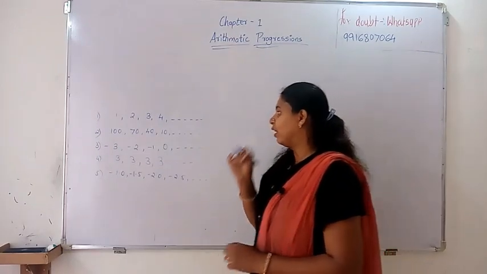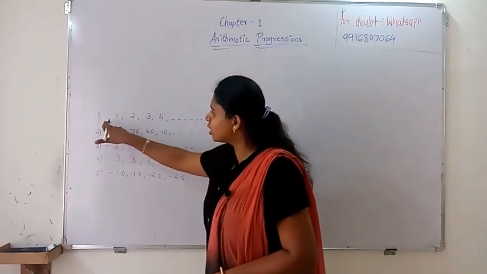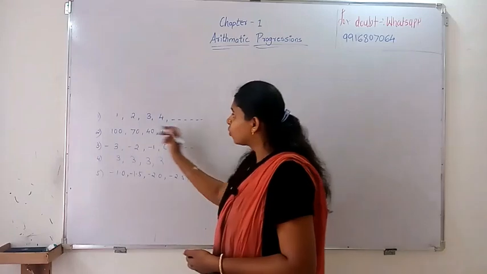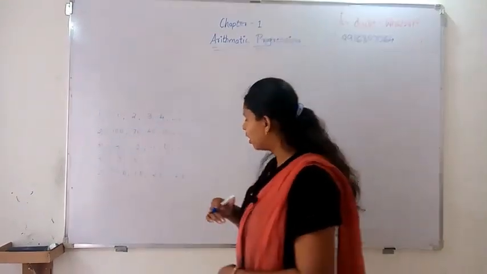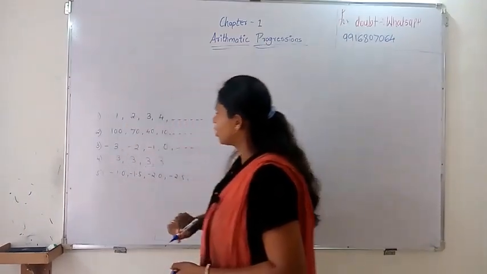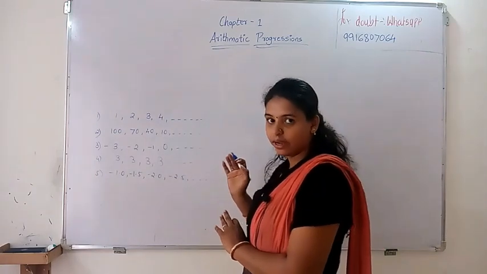Now each number is called a term, as I told you earlier. So these numbers are called terms. Now guys, observe here, pay attention, 1, 2, 3, 4, like that it goes on continuing.